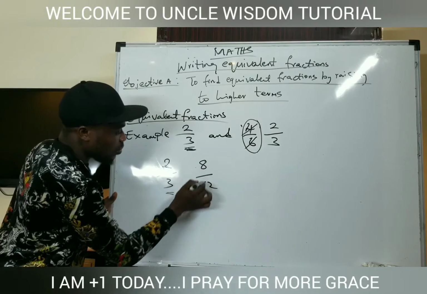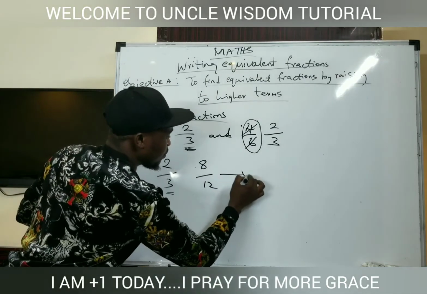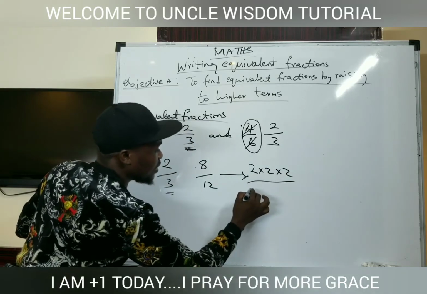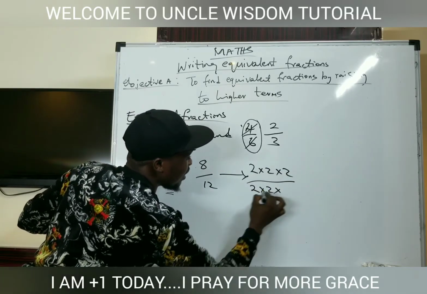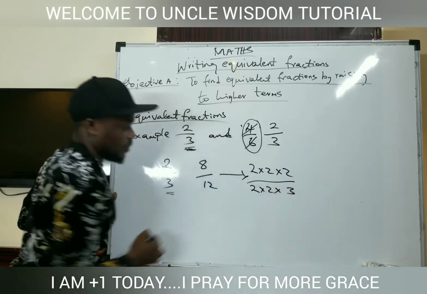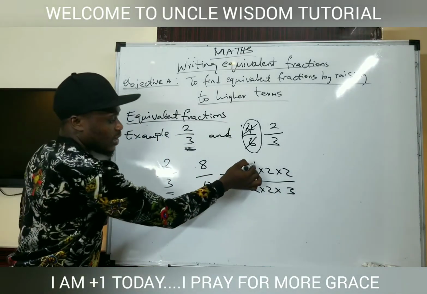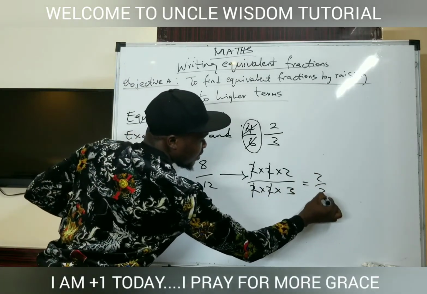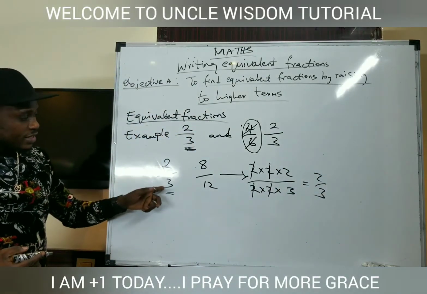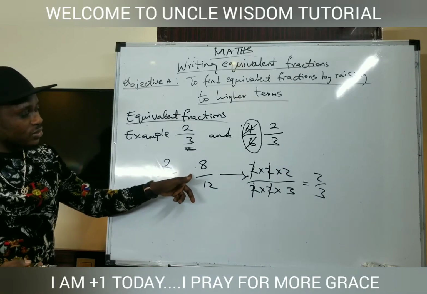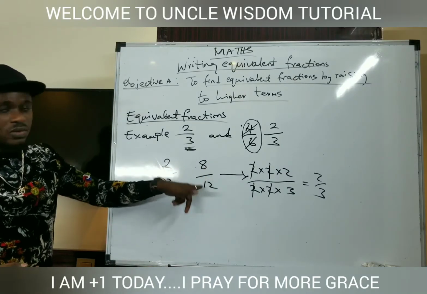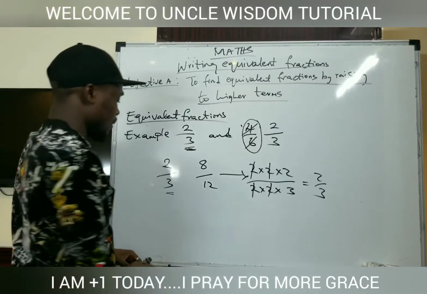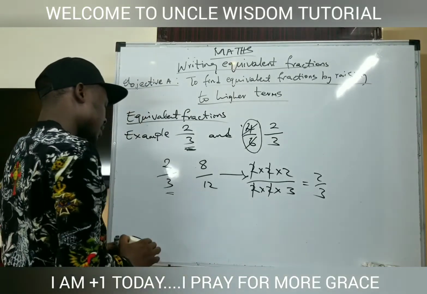Once you remove the common factors there now, 2 times 2 times 2, and this one is 2 times 2 times 3. Once you cancel this, you can still come up with 2/3. Therefore, 2/3 is also equivalent fraction of 8/12. Are you following? Yeah. So that is that.